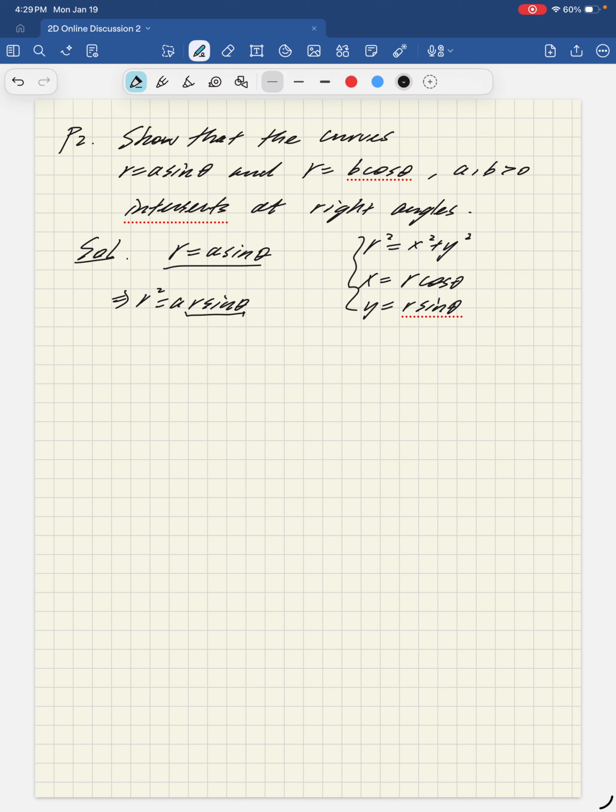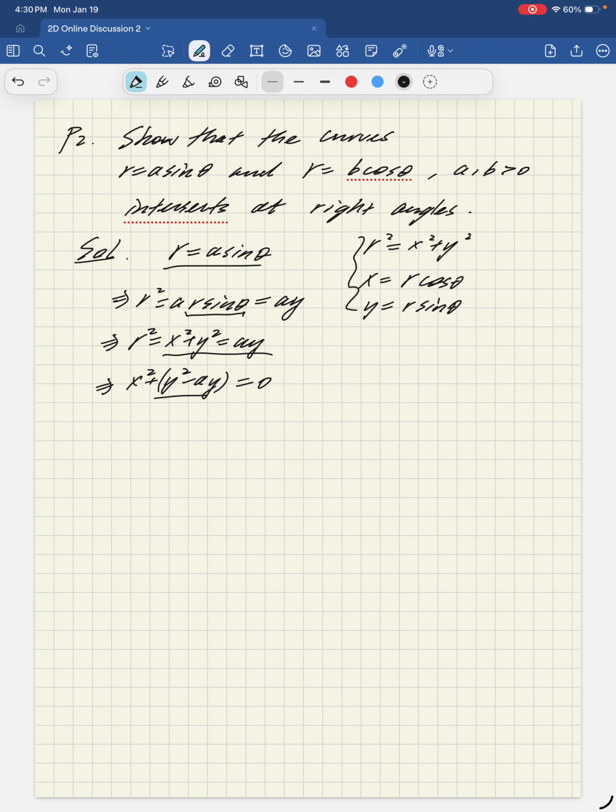And r sine theta is going to be y, so this is ay. So r squared is ay. But we also know that r squared is x squared plus y squared. So x squared plus y squared is ay. At the end, this is the relation we're looking at. And therefore, x squared plus y squared minus ay is 0.